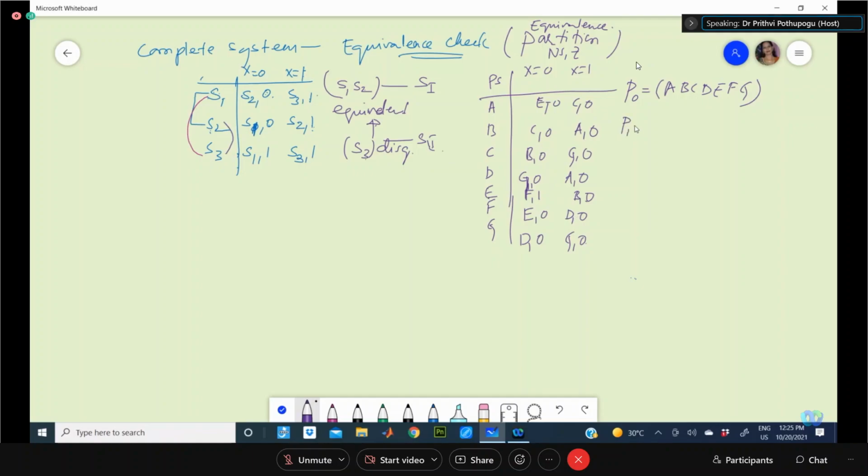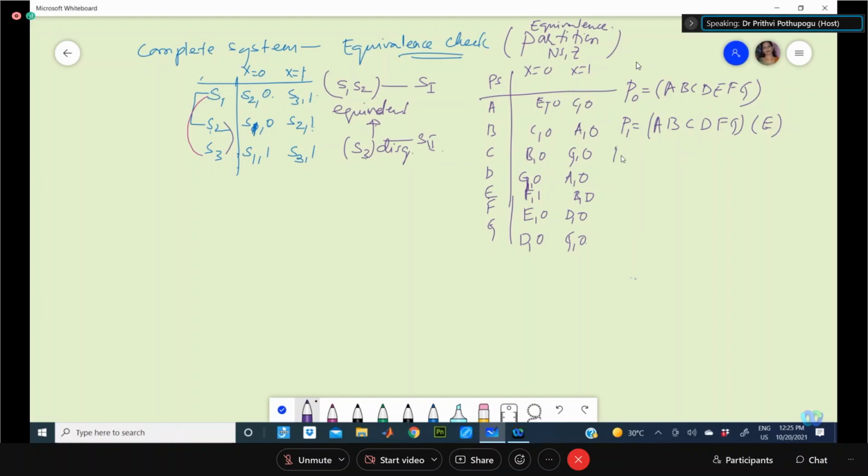That means the first partition is based on the output. So A, B, C, D, F and G form one group. E will be a separate group. These two groups are distinguishable. This is one equivalent group, this is the second equivalent group, and these two groups are said to be distinguishable.